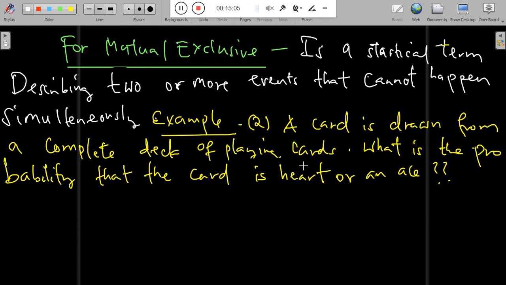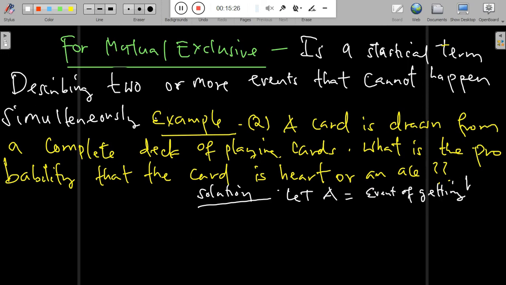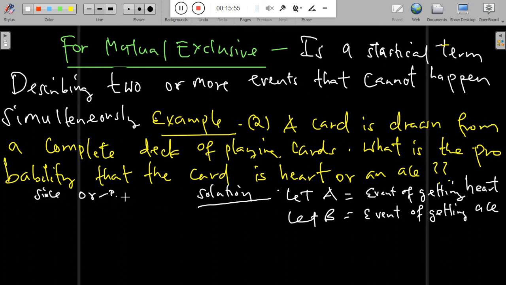From this kind of scenario, we need to develop the data sets so that we can solve it. Let A be the event of getting a heart, and let B be the event of getting an ace.